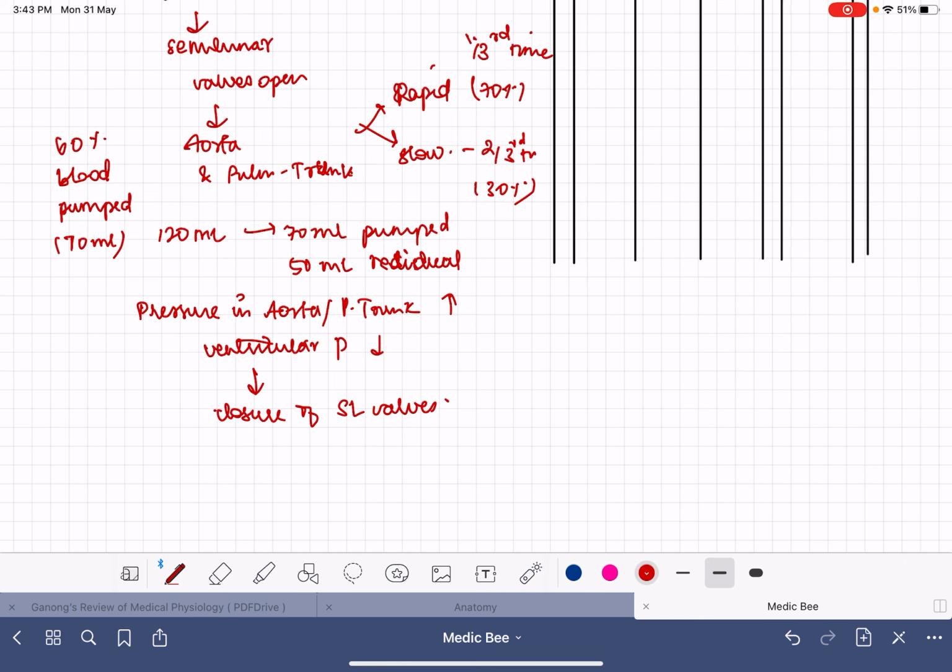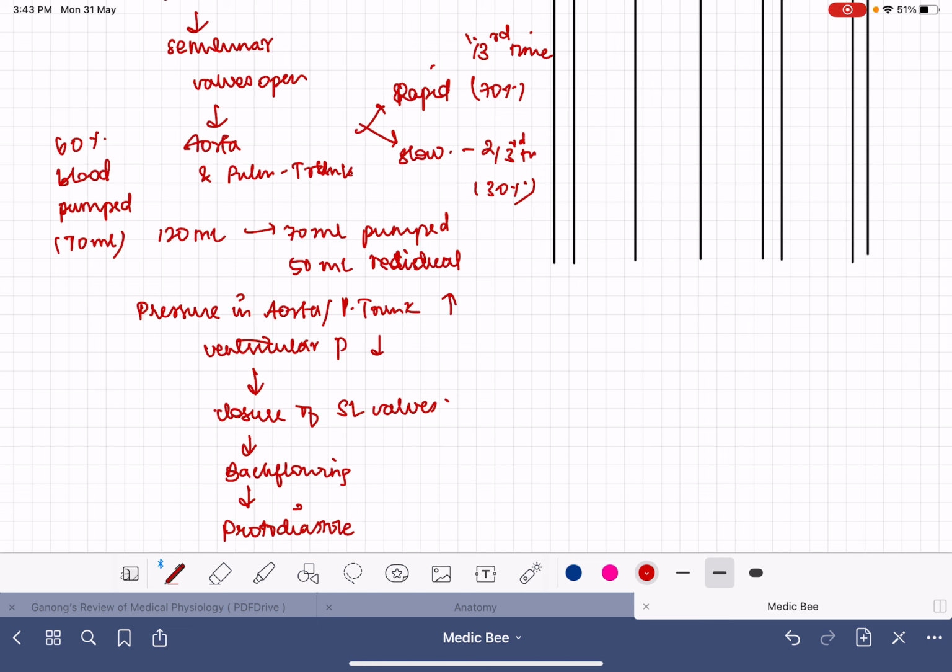But even after that, a small volume of blood flowing back in the aorta and the pulmonary trunk will cause a condition called protodiastole. This is just a physiological condition.